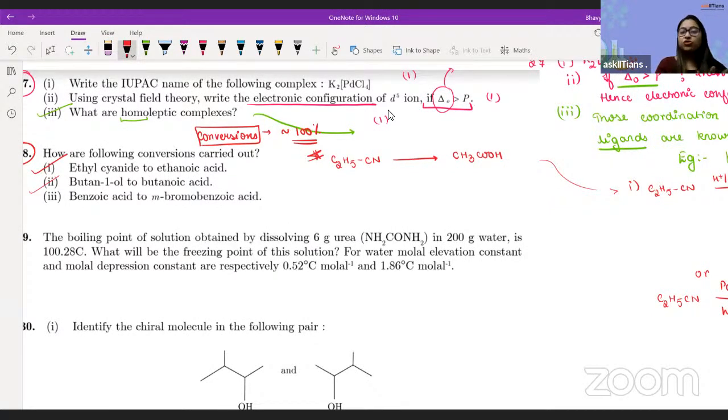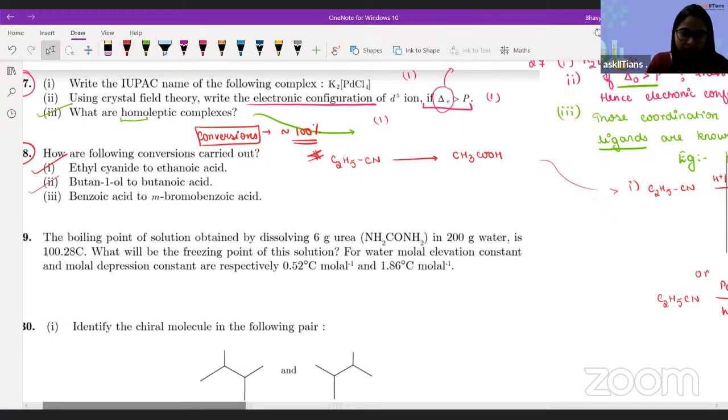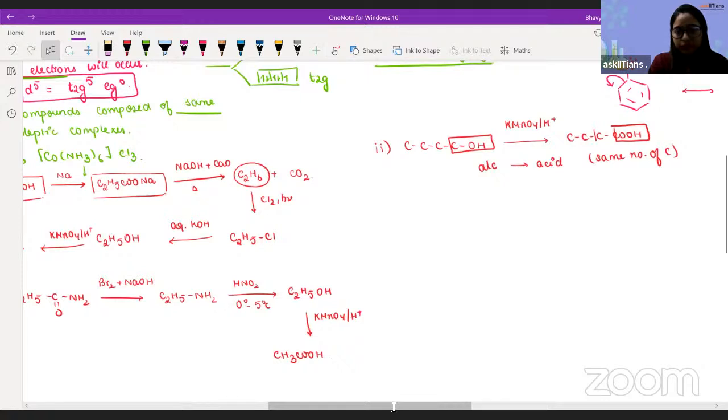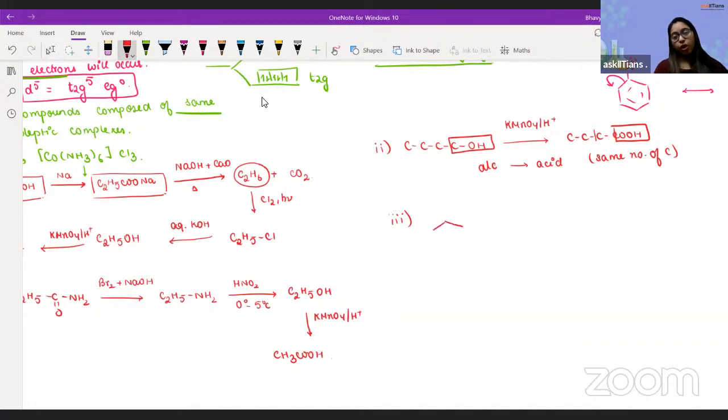Third is benzoic acid to meta-bromobenzoic acid. Again, this involves not more than one step. So this is my benzoic acid, and this is meta-bromo.